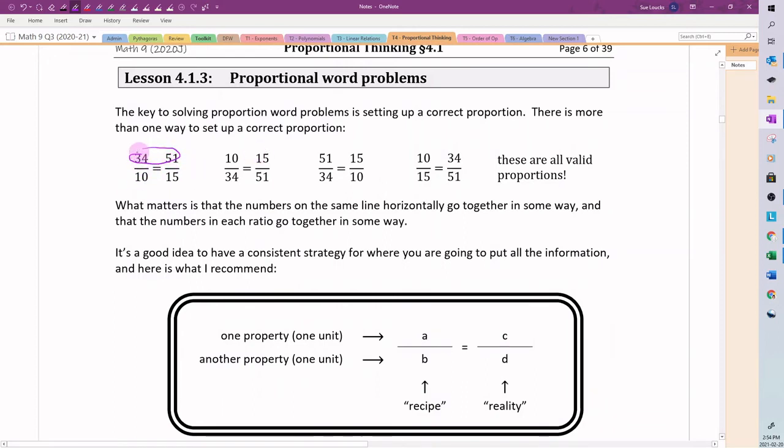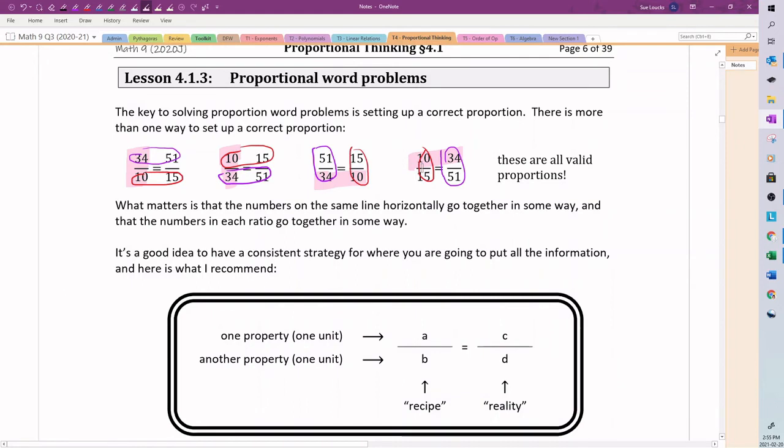Here's 34 and 51, always together. And then the other two, 15 and 10. You also need whatever they are up and down to be connected together. So 34 and 10, they always have to be together.